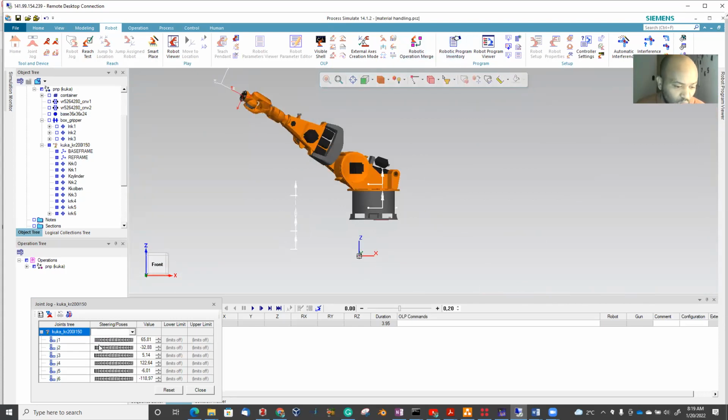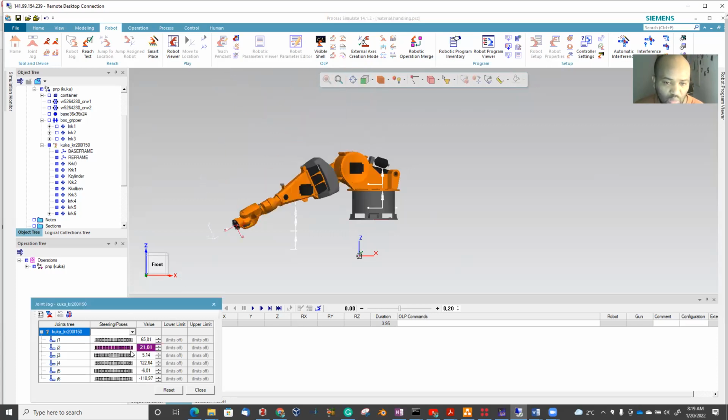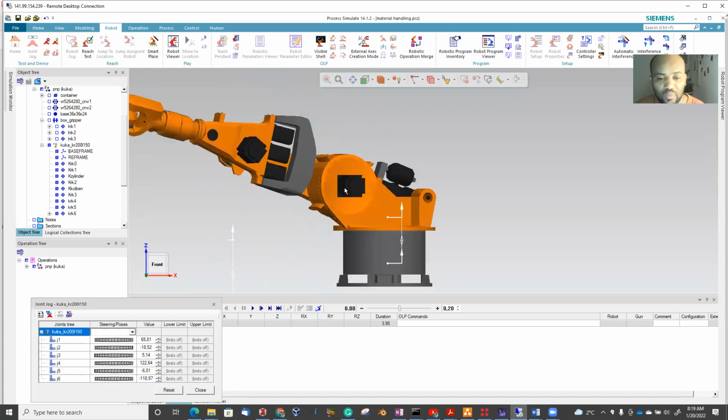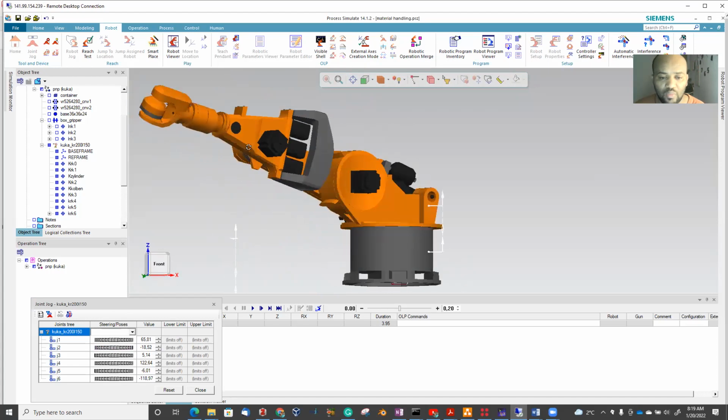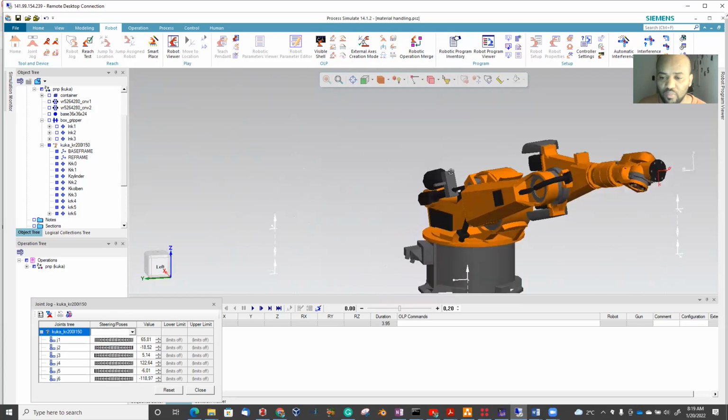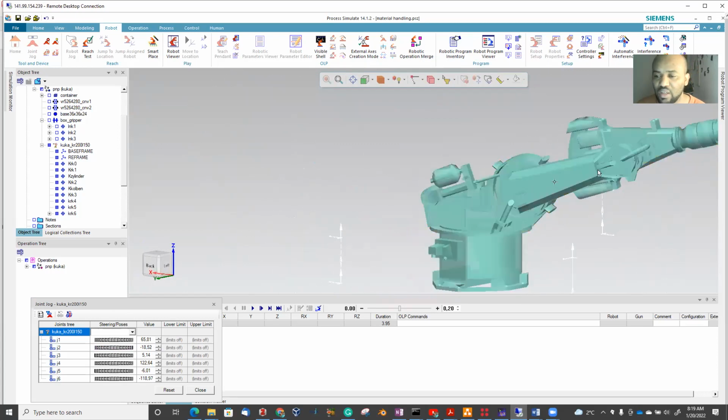For example, for joint 2, the x-axis could be assigned along this.